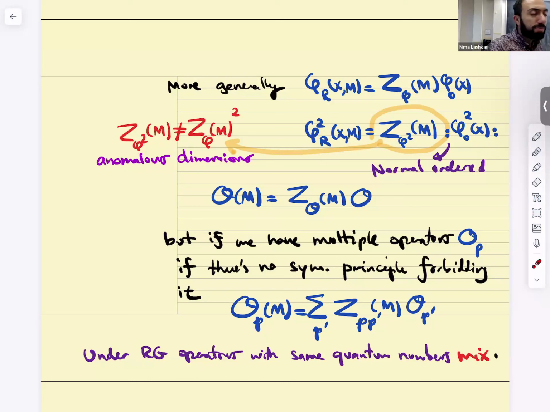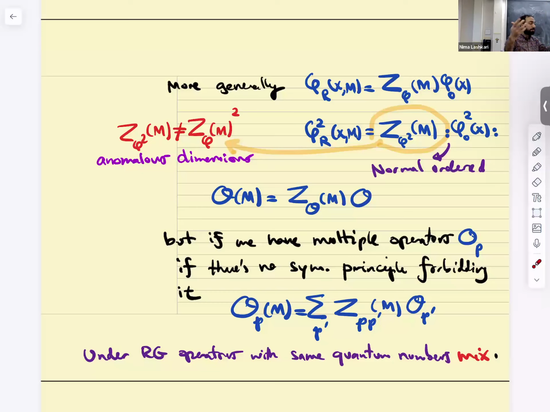So something that in the bare theory looks like you take an object and multiply it n times with itself. This object originally, for example a scalar field, has scaling dimension in the massless free field theory of (d minus 2) over 2. So the scaling dimension of phi naught to the power n was n times (d minus 2) over 2.